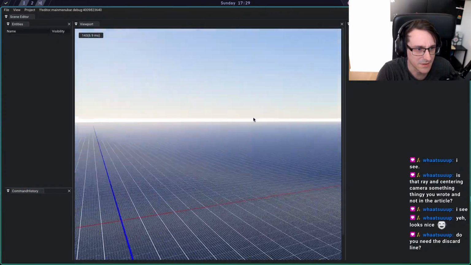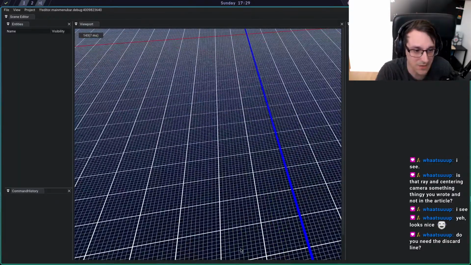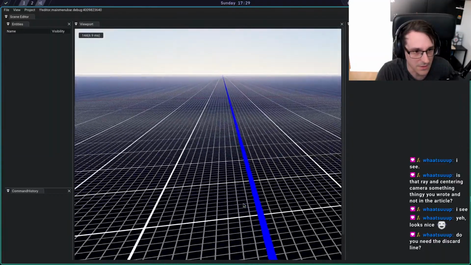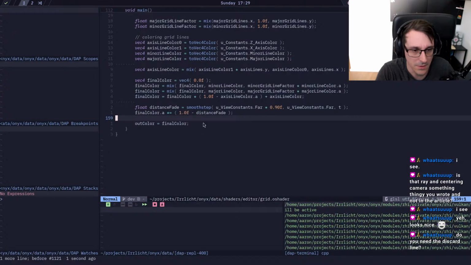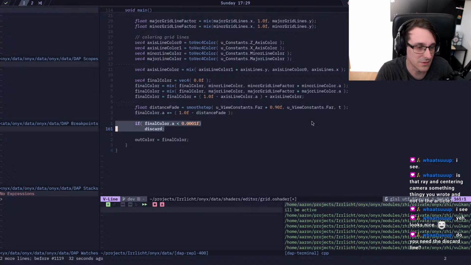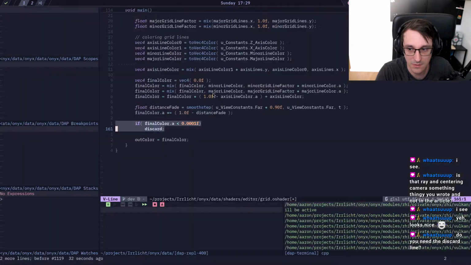How about it does this in the background? No, yeah, I need the discard so that I take the original color and don't override it. Because I want to keep whatever color is in the buffer, in the texture. And that would be the sky here.